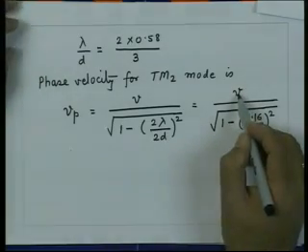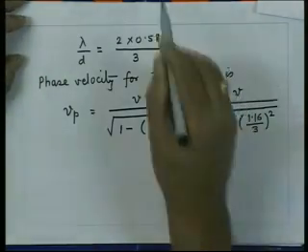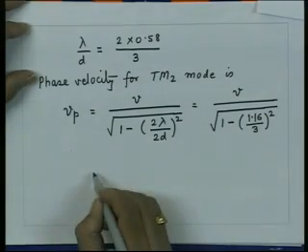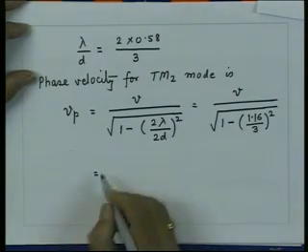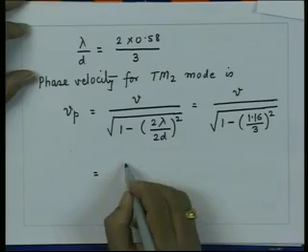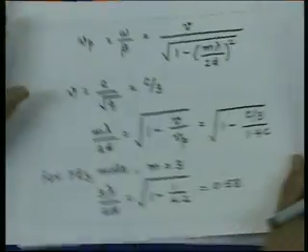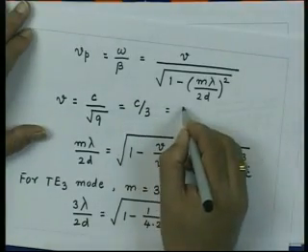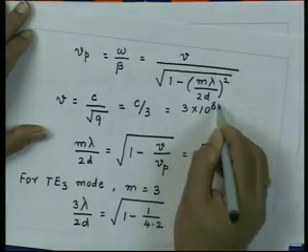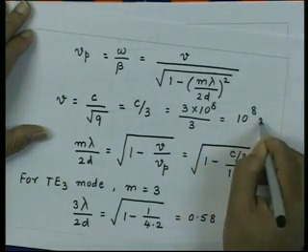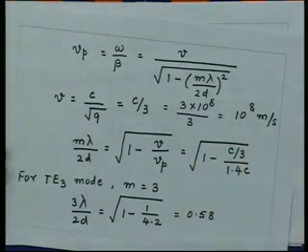V is nothing but the velocity of light in the medium filling the waveguide, so this is c by 3, where c is 3 into 10 to the power 8 meters per second. So this quantity V is equal to 3 into 10 to the power 8 divided by 3, that is equal to 10 to the power 8 meters per second.